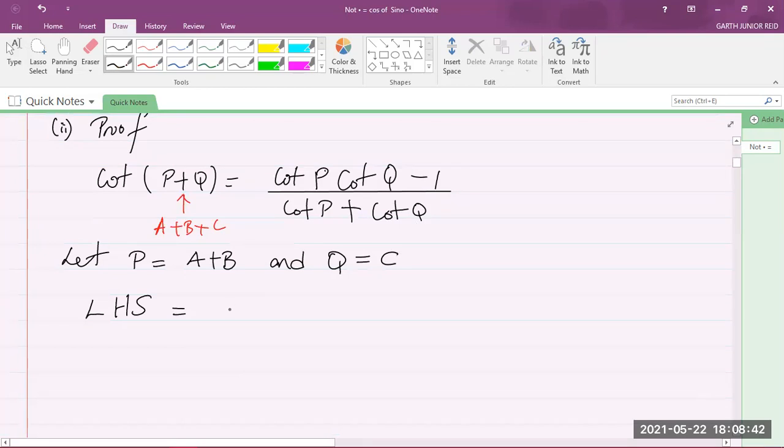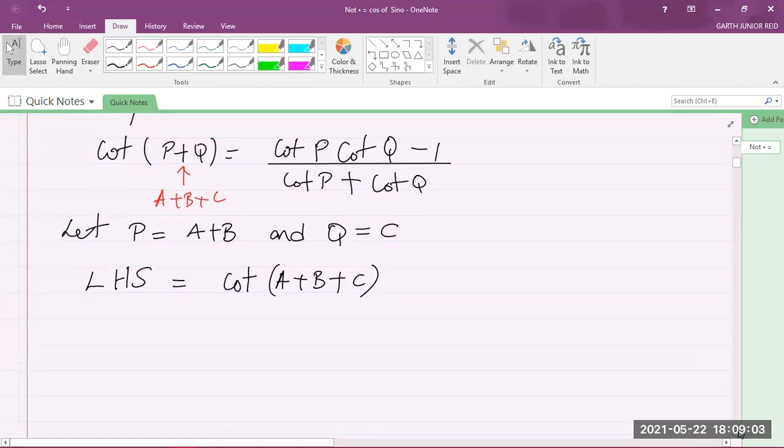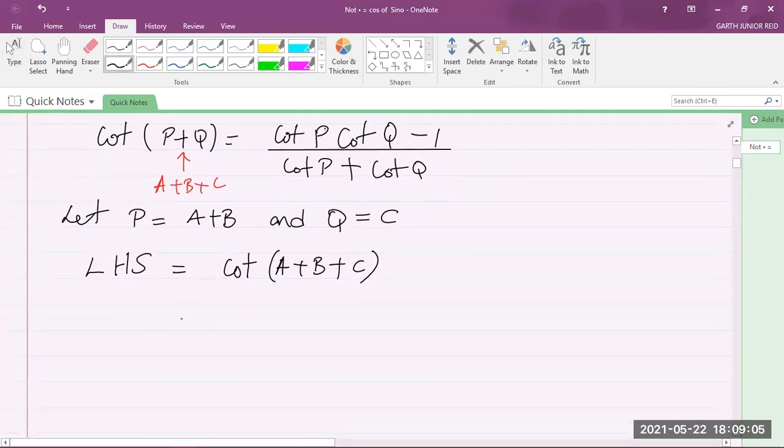I will get the cot of P, which is A plus B, plus Q, which I'm replacing as C. And that is what I have in the question as my left-hand side, the cot of A plus B plus C. Good. Let me scroll down a bit.